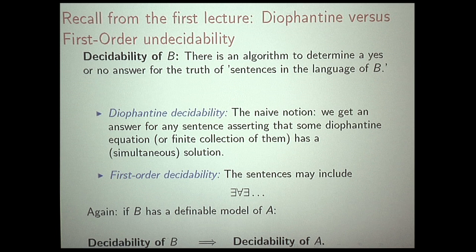The logicians would say just by existential quantifiers. Or we could have more fluid types of definability, such as first-order definability, where the sentences might contain there exists, for all, there exists, for all. But in any case, if B has a definable model of A, if you know that B is decidable, you know that A is.